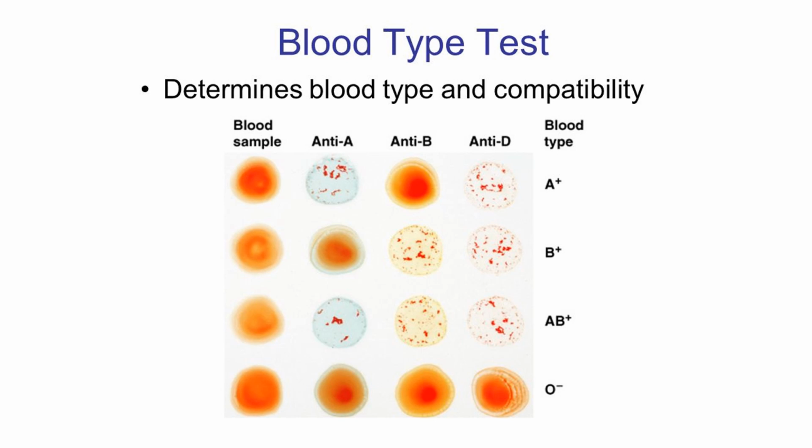However, when it's treated with the anti-B antibody, we get clumping, meaning that that antigen is present. Also, when we treat that same blood sample with the anti-D or anti-RH factor antibody, you get clumping, meaning that that person has a B positive blood type, meaning their blood contains the B antigen and the RH factor.